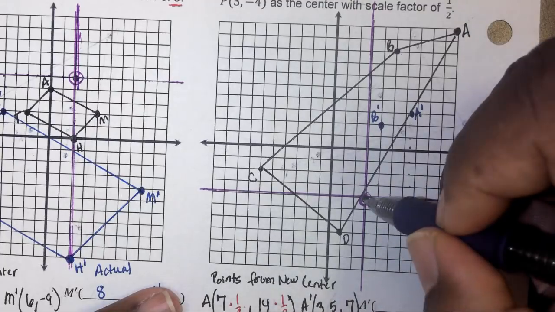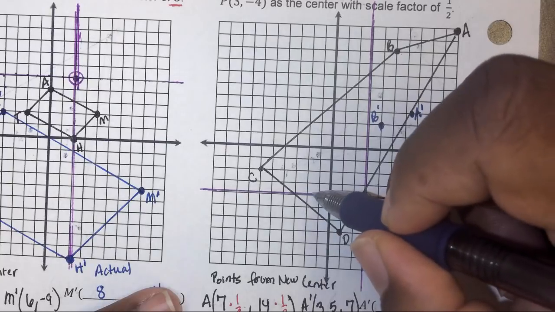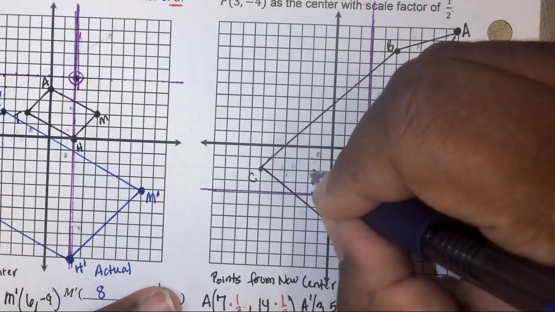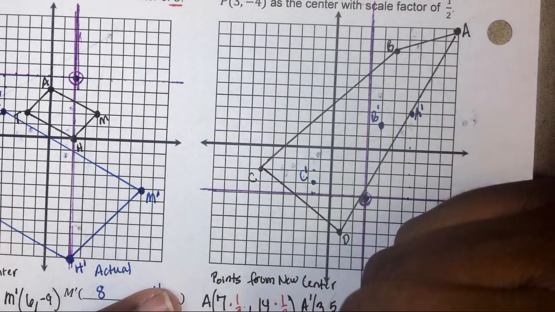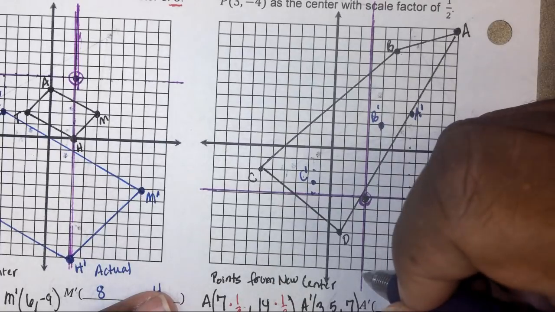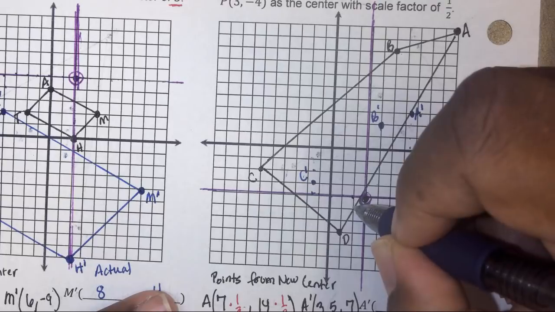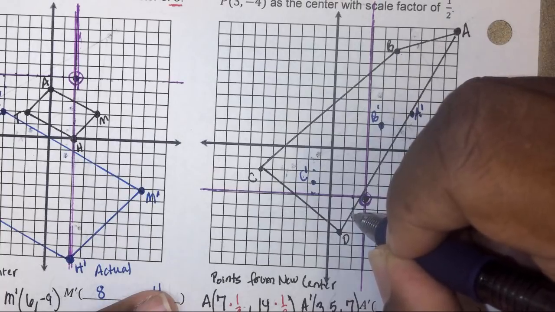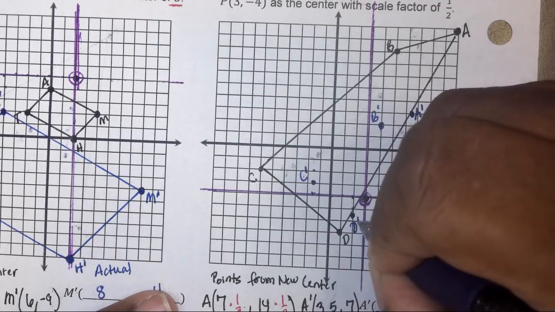Next one's gonna be (-4.5, 1). Over 4.5 and up 1 here. C prime. And then D prime is going to be at (-1, -1.5). Negative 1, down 1.5. Alright, that's D prime.